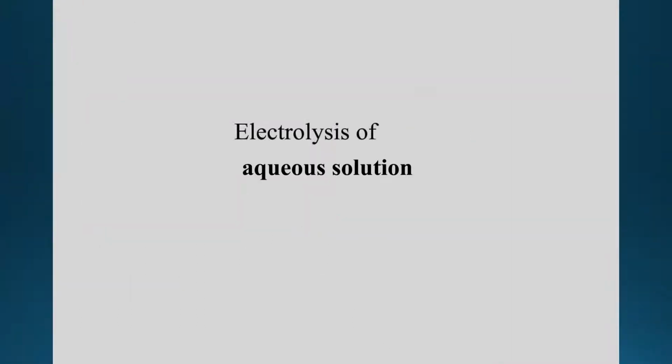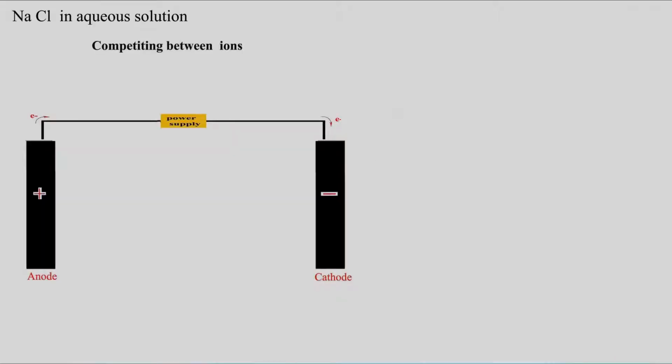Electrolysis of aqueous solution. NaCl in aqueous solution, and there is a competition between ions. What's meant by competition between ions? Let me give you an example. Earlier we learned the negative ion goes towards the positive rod, the positive ion goes towards the negative rod.